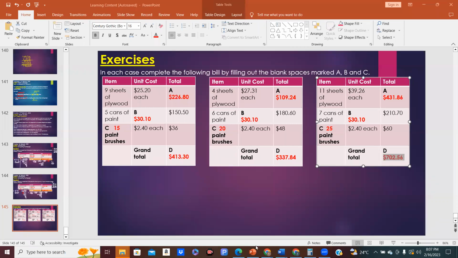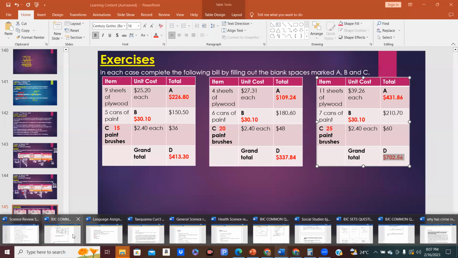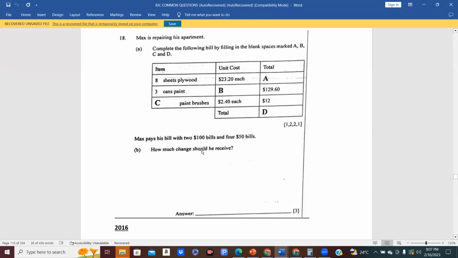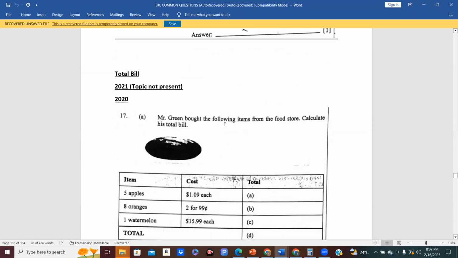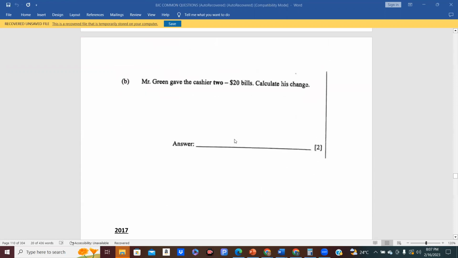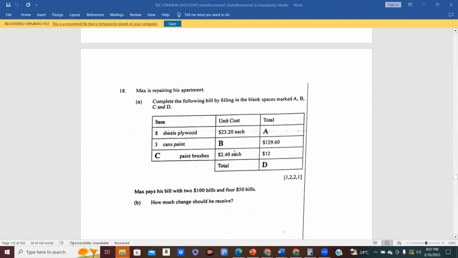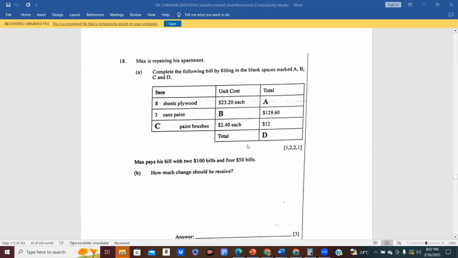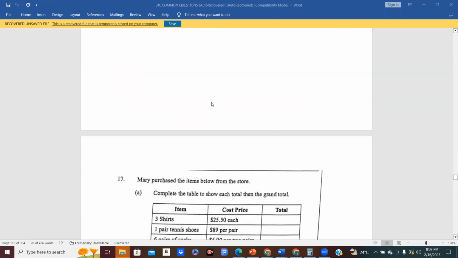Let me just show you the past papers so you can see them. They come like this in different forms. Sometimes they ask you to calculate the change. We didn't look at change for this one; we just didn't have enough time for that.